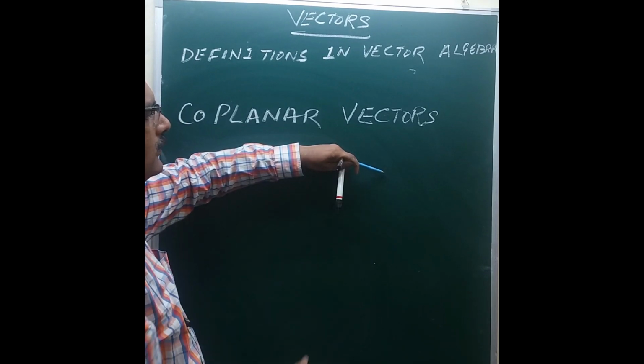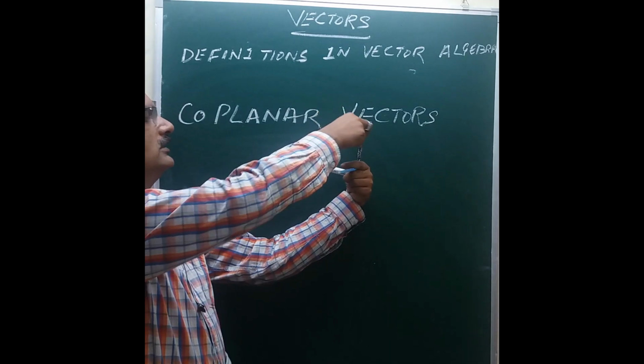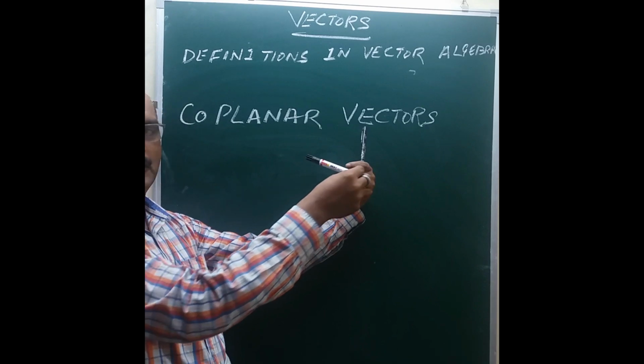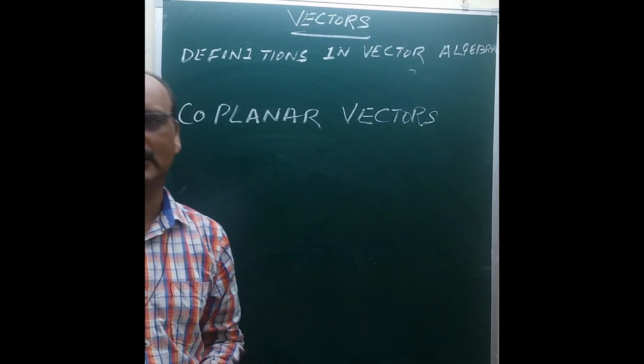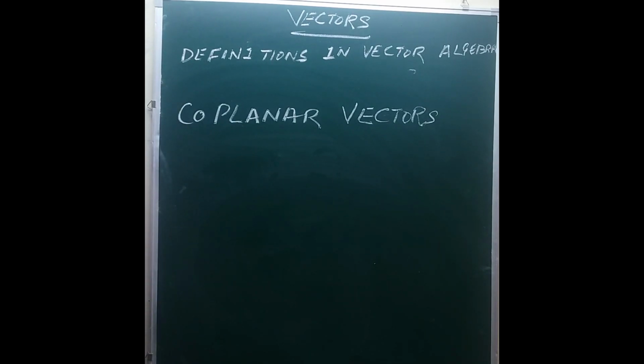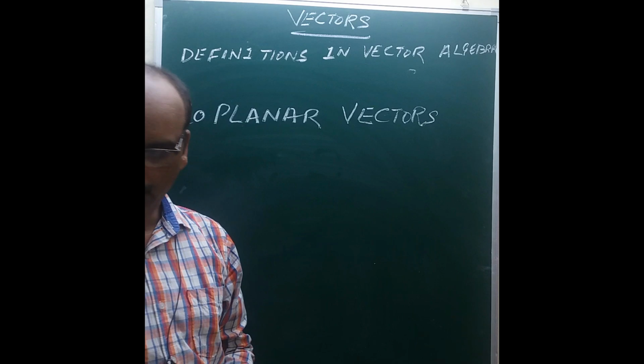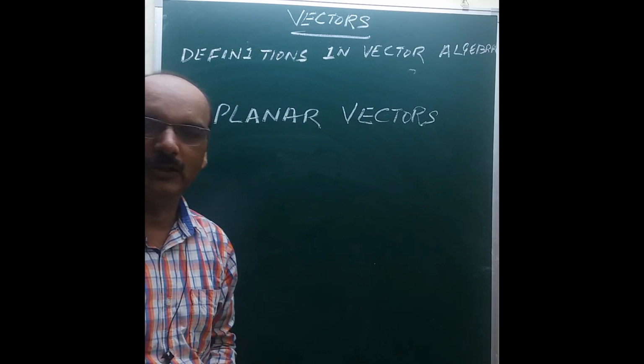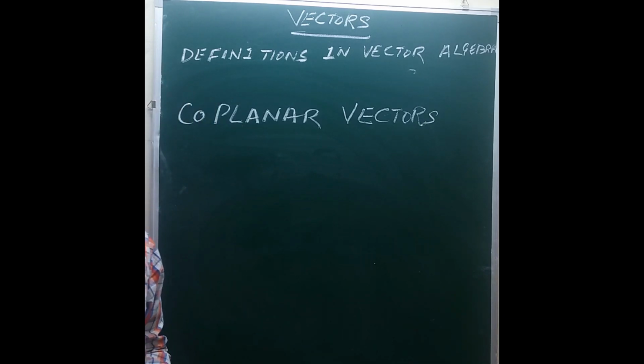This one is out of the plane. Right? If this and this are in the same plane, this one is outside. It means that three vectors may or may not be in the same plane. But two vectors will always be coplanar vectors, always in one plane.